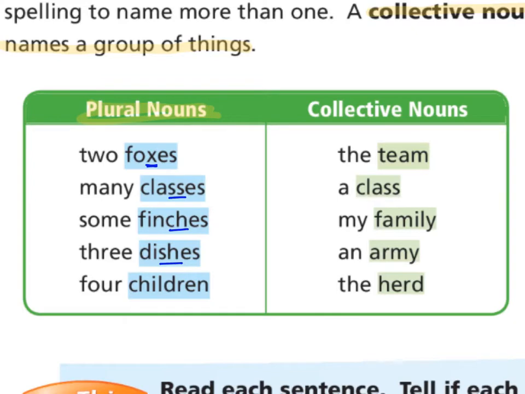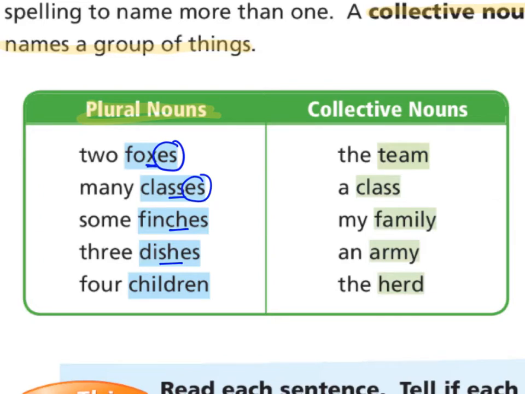Let's just focus on those. Remember our special rule: when words end with those letters, we have to add ES to make those words plural. So 2 foxes, many classes, some finches, which is a type of bird, 3 dishes.